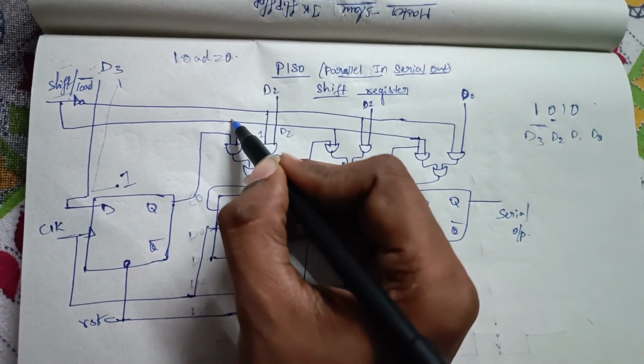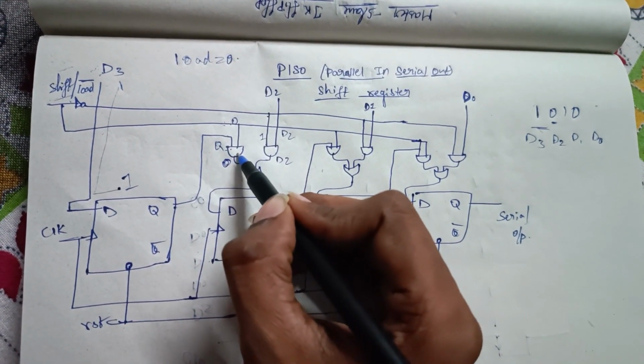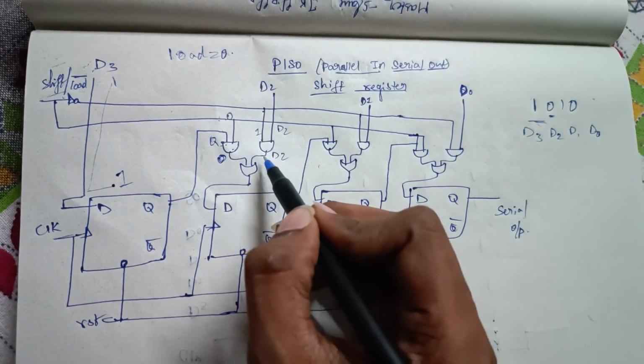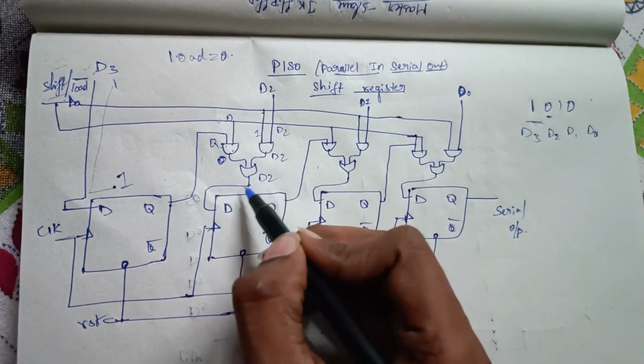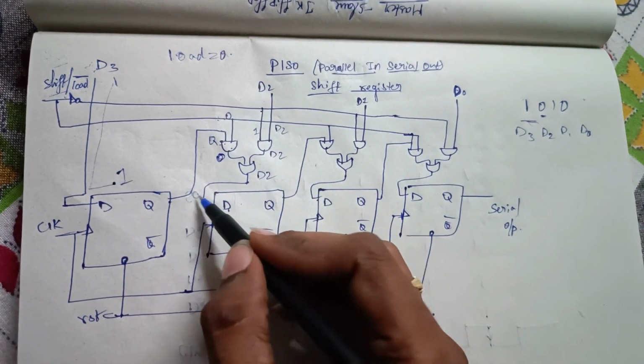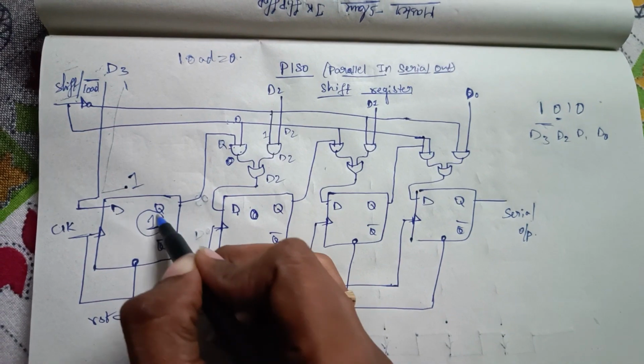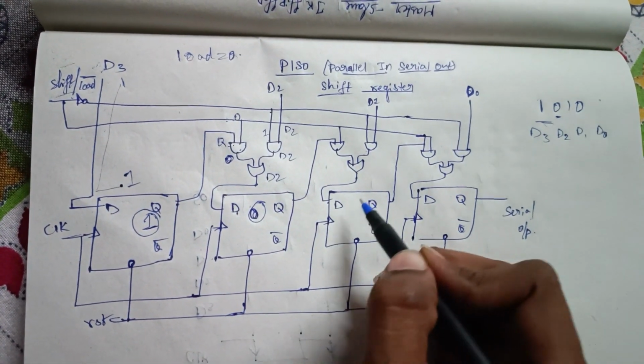Here the shift signal is 0, and irrespective of the other input the output will be 0 because it is an AND gate. Now D2 and 0 will be D2, so D2 will be given to the second flip-flop.